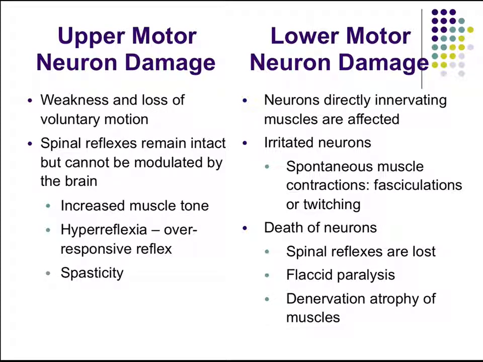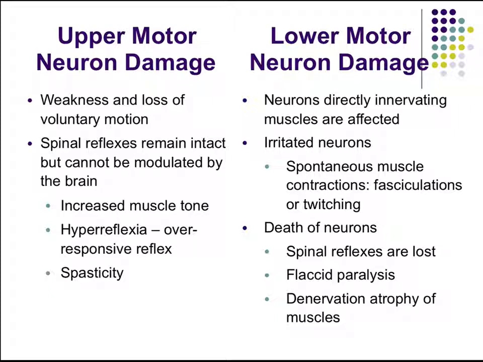And so spinal reflexes, remember, is when sensory neurons from the periphery bring the sensory information into the spinal cord, and then those neurons will directly or through an interneuron innervate the lower motor neurons in the spinal cord, and then cause movement. So basically in a spinal reflex, just the spinal cord is involved, the brain is not. So even if you damage the upper motor neurons, these spinal reflexes will remain.